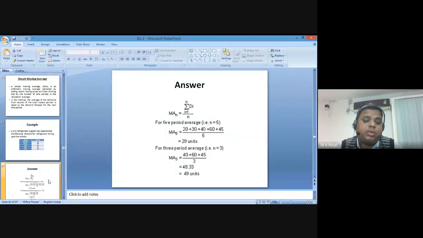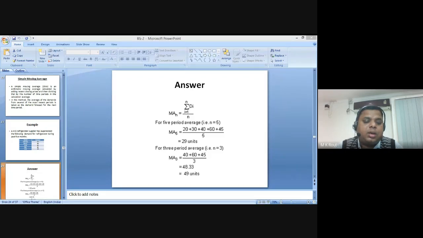Here n equals 3, and the moving average for the next month, July, equals 40 plus 60 plus 45 divided by 3, and you get the answer 49. I think all of you understand. Any doubt from your side?